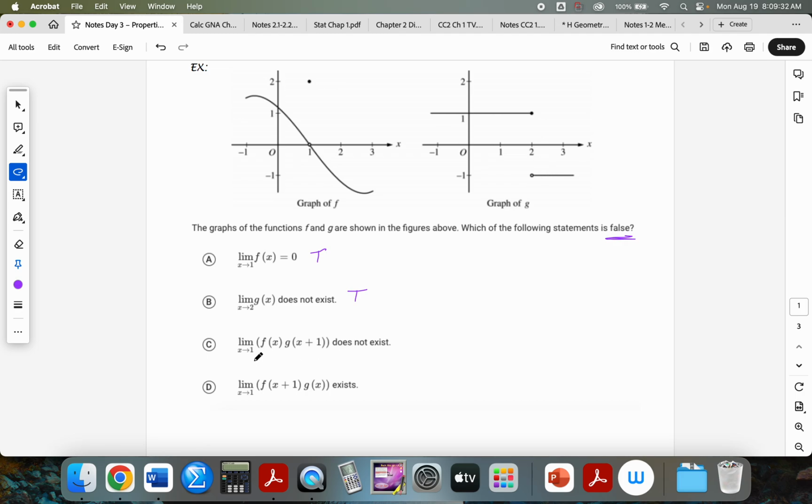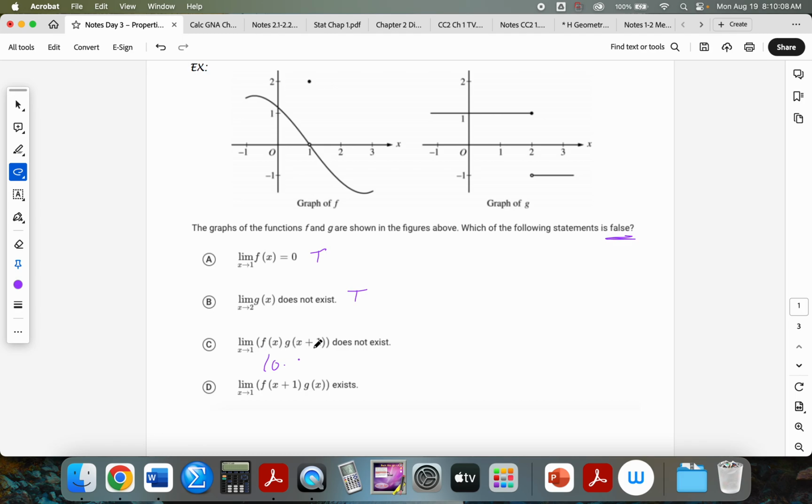All right. The limit as x approaches 1 of f of x times g of x plus 1 does not exist. Well, let's see. As x approaches 1, what does f of x approach? 0. And g of x plus 1, that is g of 2, what is that? But again, we're doing the limit.